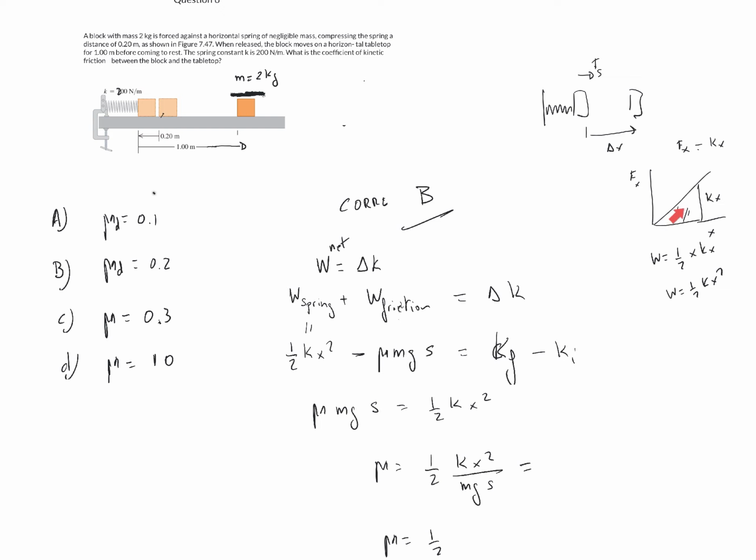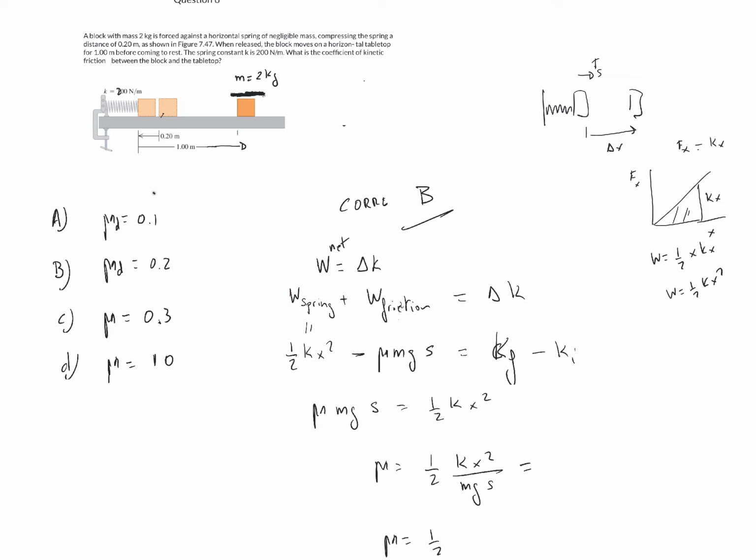The work will be the area below the curve, the area of the triangle, which is 1/2 the base x, the compression delta x, times the height kx. So the work will be 1/2 kx squared. So I return to our original equation. The net work is the work of the spring.